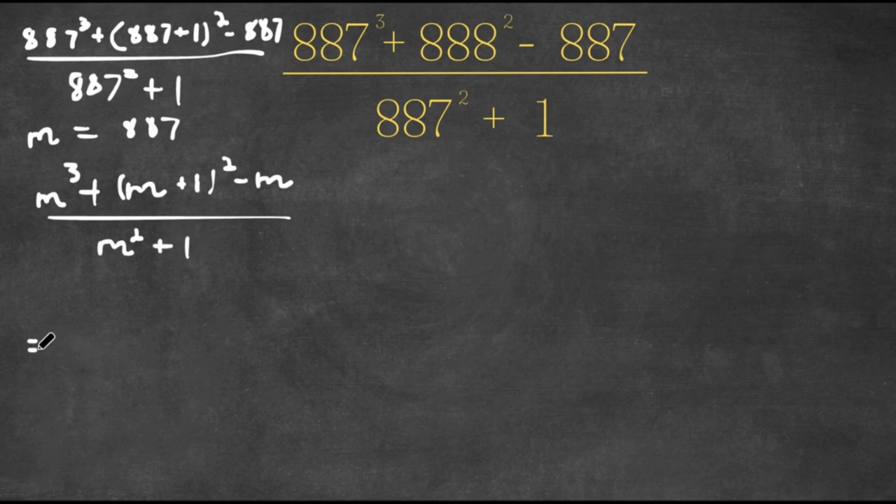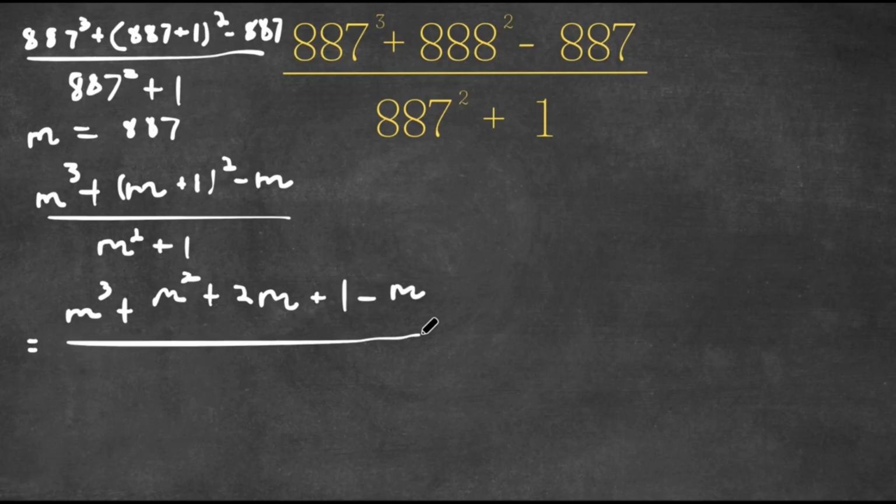And this is equal to m to the power of 3 plus m plus 1 squared, which is m squared plus 2m plus 1. And then we have our minus m at the end. And I am dividing this by m squared plus 1.